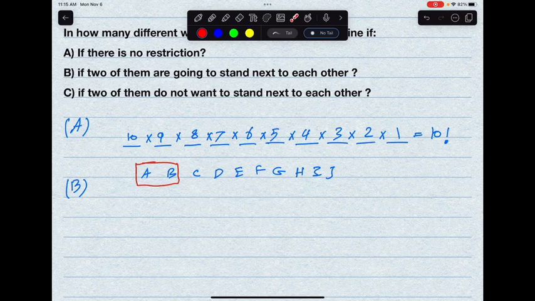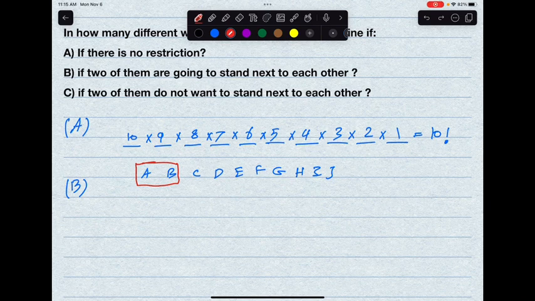Because for A and B we have 2 possibilities. It can be A then B, or it can be B and then A. So there are 2 possibilities for how A and B stand next to each other, so we will talk about it later. So now, for example, one of the ways these 10 people can stand next to each other, and A, B be together.